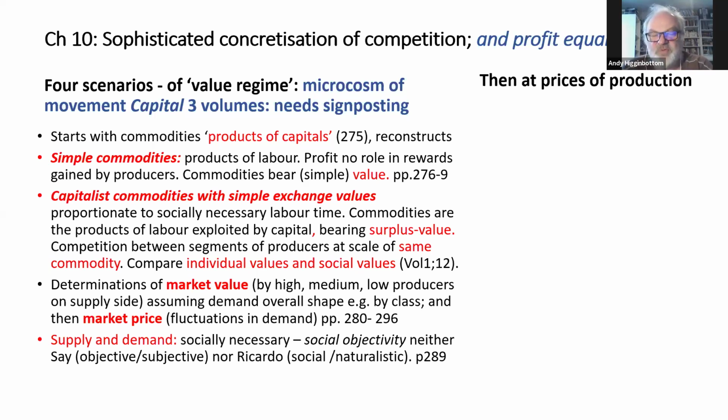In a normal distribution of producers, market value is likely to be the same as the median or average productivity of the average producer, but not always. It can be skewed one way or another. That depends on the division of capital allocation and division of labor on the supply side. But fluctuations in demand are going to move the market price up and down around the market value.